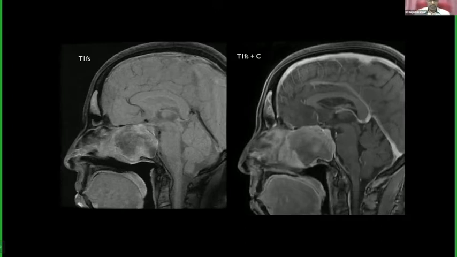You can use a subtraction method. If you acquire the images in the same matrix under the same FOV without changing it, most of the scanners will allow you to subtract the pre contrast from the post contrast image. The patient should not move between the two scans.